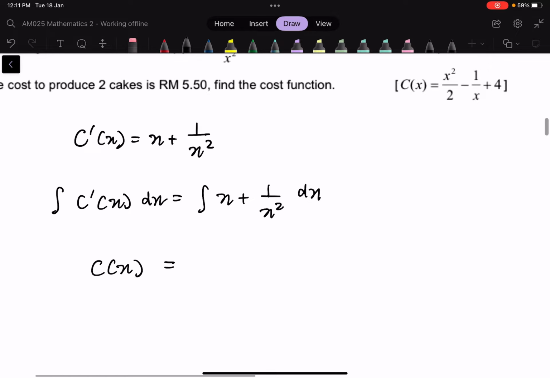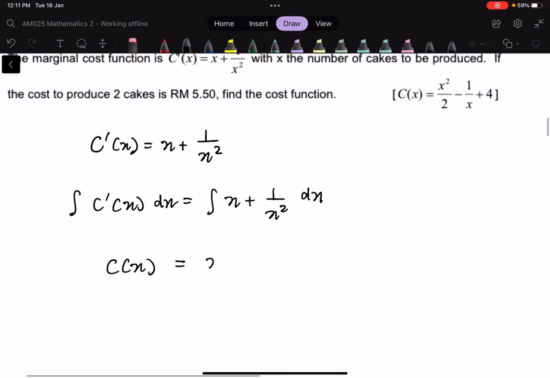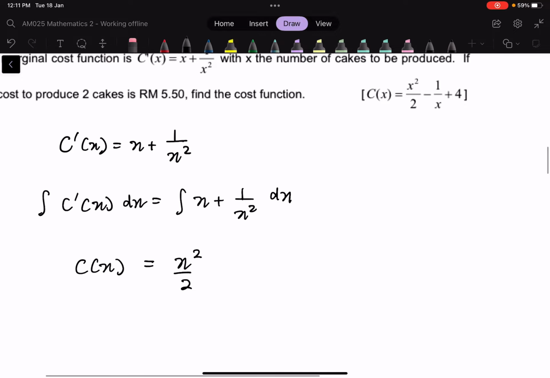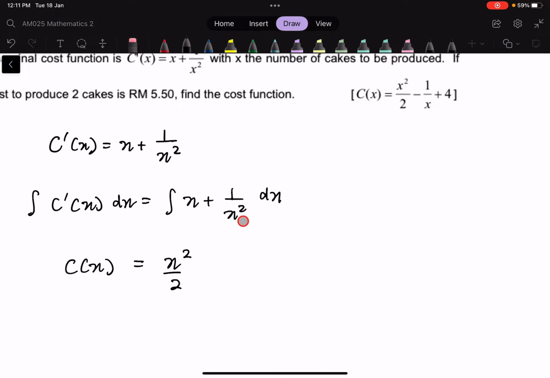So let's integrate x, which is x squared over 2, and if we integrate 1 over x squared, let us change the form into x to the power of negative 2.